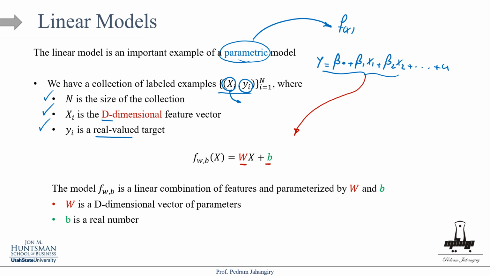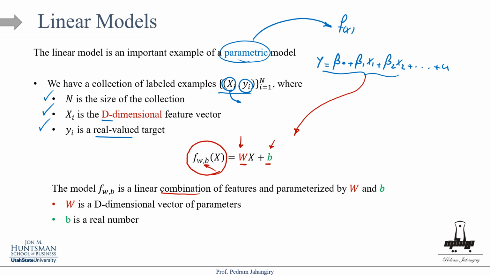And we can summarize this function as f of W and B. This is the thing that the machine is expected to learn, right? The machine is expected to come up with an estimated version of this pattern in the data, and it's going to do that by solving for the weights of the features and the bias term. Okay, and so f of W and B is a linear combination of features, parameterized by W and B.